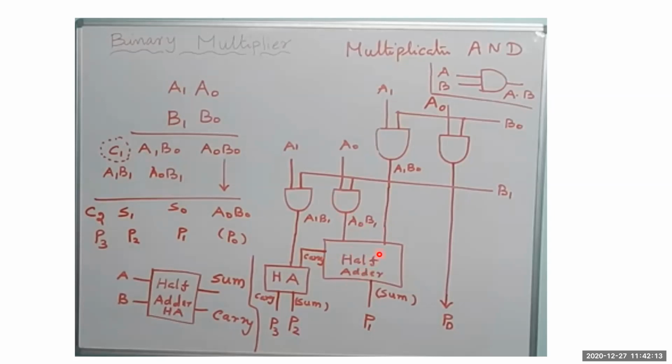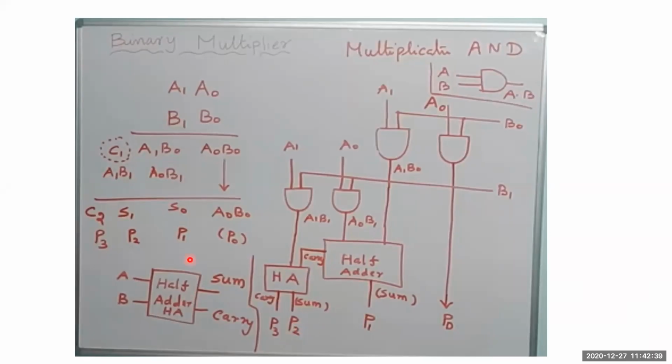Don't get confused about why I have not taken a full adder here. Using the half adder to add these two inputs, I get one sum. Let the sum be P1, and it produces a carry. That carry becomes an input to the second addition, which can be done with a half adder. It produces a sum and a carry, P2 and P3.